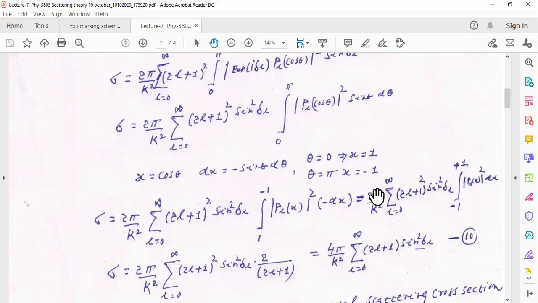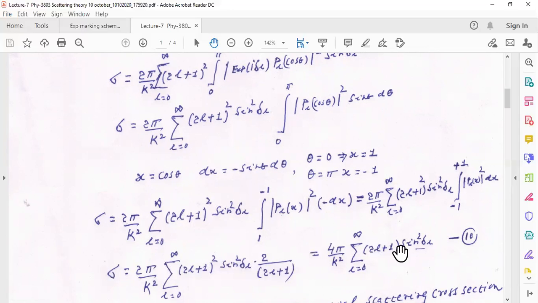And look at the coefficient, it is 2 pi over k square, sum over (2l plus 1) square sine square delta L. So you see what is your sigma, your total cross section sigma. Total cross section sigma is given as 4 pi, because this is the 2 factor and the 2 factor here, so it becomes 4 pi over k square.